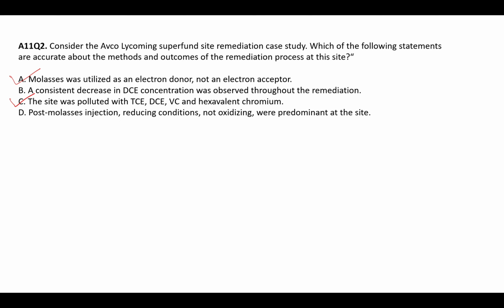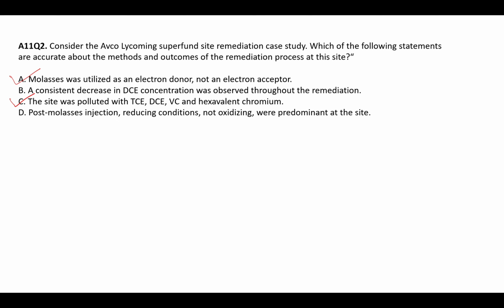Based on this case study, we got to know that molasses was used as an electron donor because it is an organic compound. It can easily oxidize and can give electrons. So that's why it was used as an electron donor. And the second option, that there was a consistent decrease in DC concentration throughout the remediation.